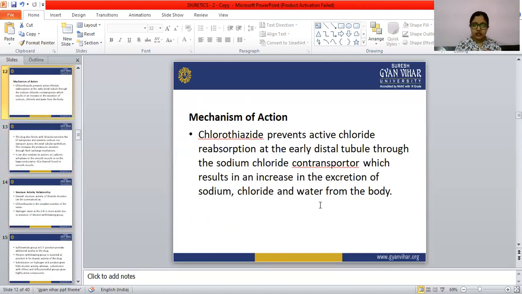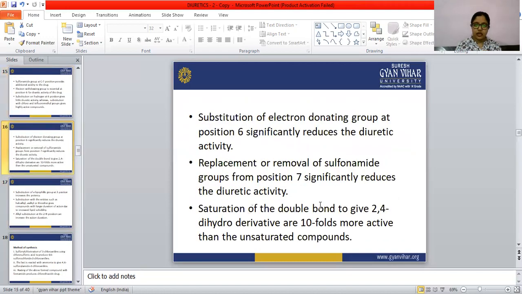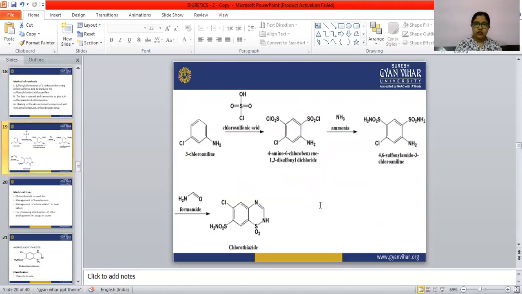Let's see the synthesis of chlorothiazide once again. This is 3-chloroaniline. When 3-chloroaniline is reacted with chlorosulfonic acid, that gives the product 4-amino-6-chlorobenzene-1,3-disulfonyl dichloride.